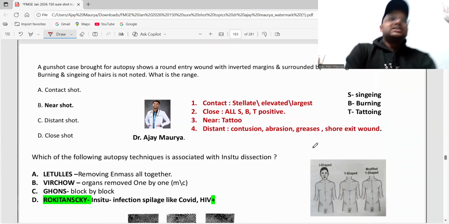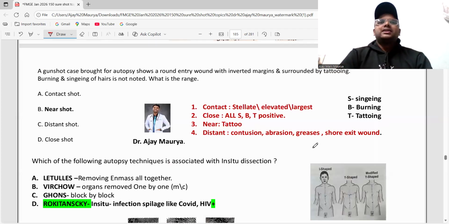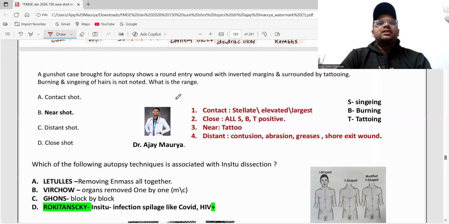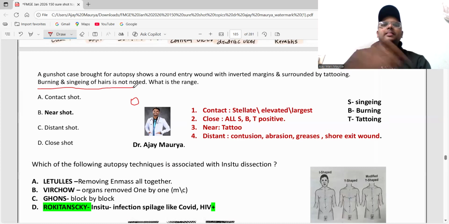Next one: a gunshot case brought for autopsy shows a round entry wound with inverted margins, surrounded by tattooing, blackening and staining. Burning and singeing of the face is not noted.